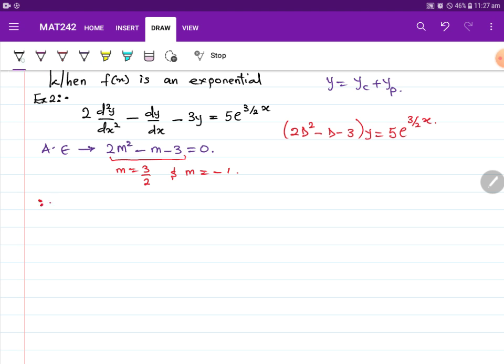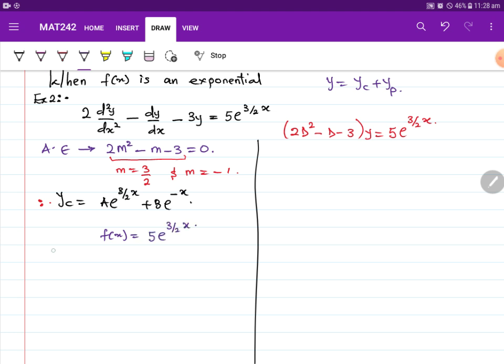Therefore, my yc is equal to a exponential 3 over 2x plus b exponential minus x. That's my yc. Now it remains my yp. Since f of x is equal to 5 exponential 3 over 2x, then yp will be a exponential 3 over 2x.